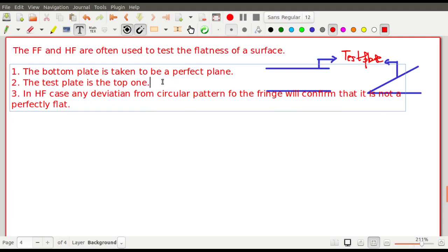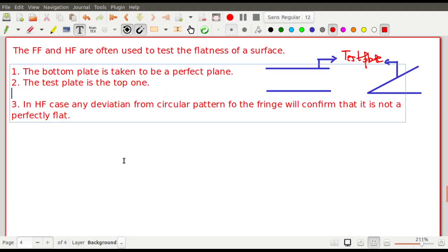Right? So let me write it. In the Haidinger fringe case, we get a circular pattern. So if I don't get circular, then I will say that it is not perfectly flat. And the next one is the same.